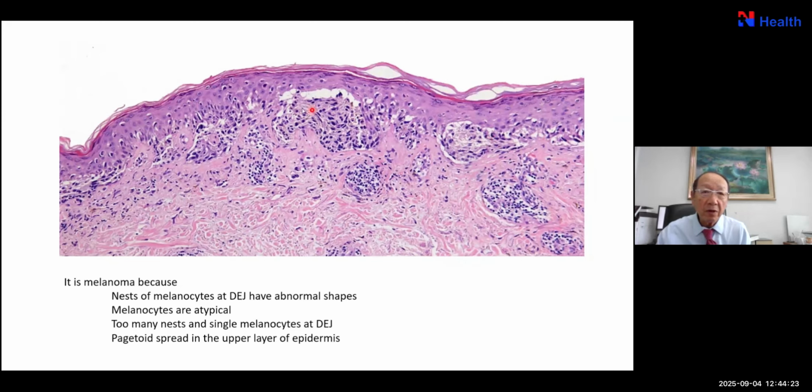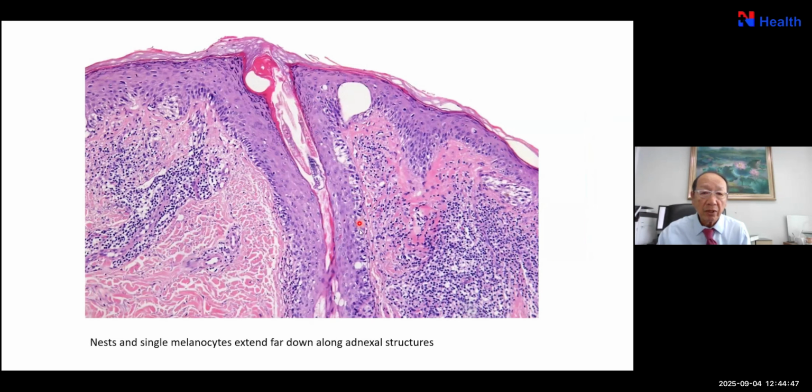And one important thing is that there is pagetoid spread. The melanocytes spread into the upper layer of the epidermis. This is a feature of melanoma, a definite feature of melanoma. In another area, their nests and solitary units of melanocytes extend along the hair follicle.